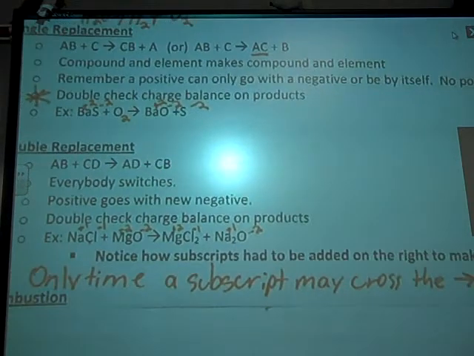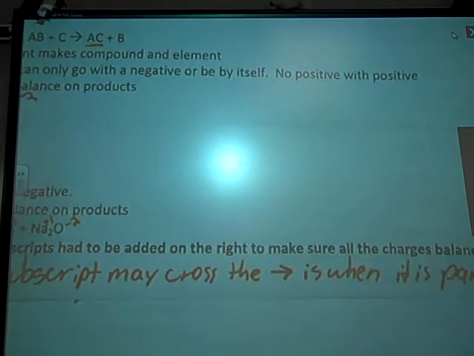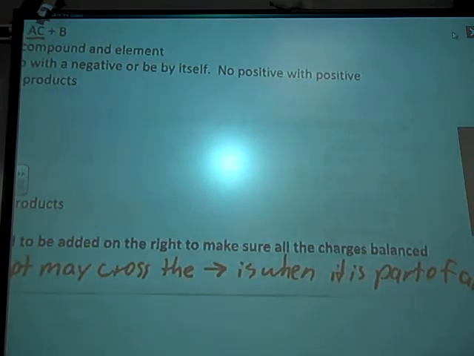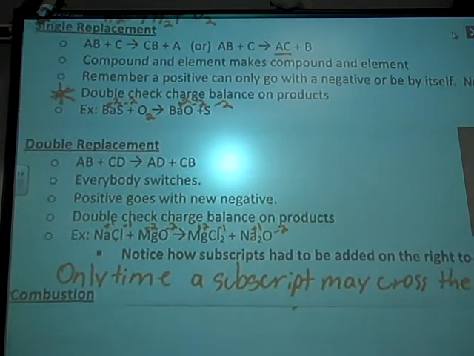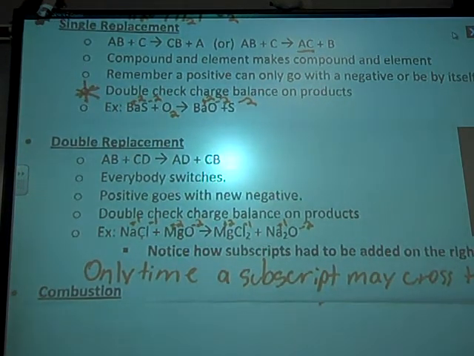So, the only time a subscript may cross the arrow is when it is part of a poly. If a subscript cannot be found on your ion sheet, it may not cross from one side of the arrow to another. Feel free to pause the video if you need a moment to write that down.